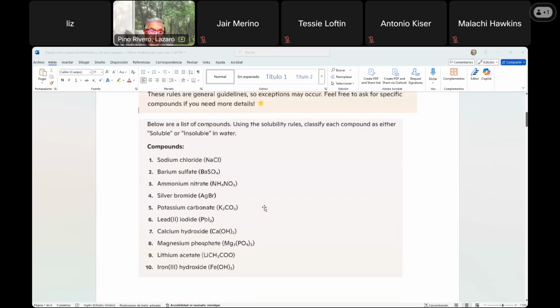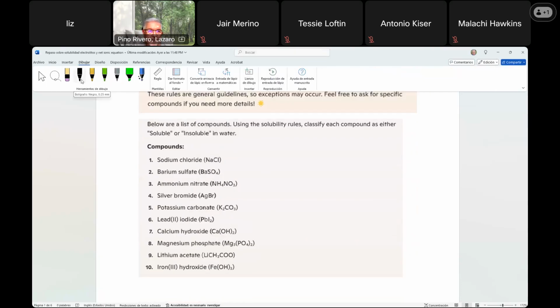For example, let's try. You have to say if these compounds are soluble or insoluble. Sodium chloride, what do you think? Is it soluble or insoluble? Soluble. Oh, Tessie, good evening. It's soluble because you have sodium, and remember, every time you have sodium, potassium, rubidium, they are soluble.